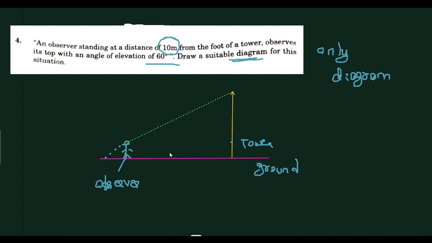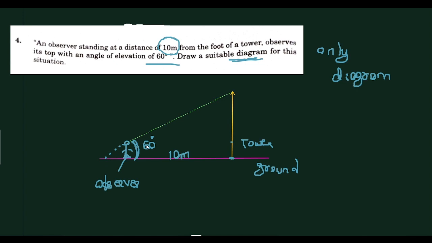The distance from the foot of the tower to the observer is 10 meters, so this side is 10 meters. Another value, the angle of elevation: this angle is 60 degrees. We can neglect the observer's height, because compared to the tower's height, the observer's height is very small.